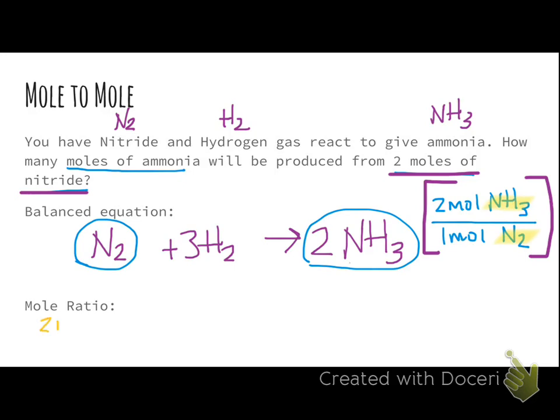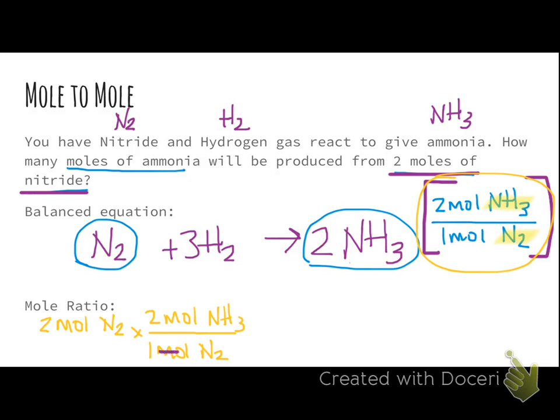So I have 2 moles of N2. Now to get moles of N2 to cancel, I'm going to take this mole ratio right here, and actually the way I set it up is perfect because I'm going to have 1 mole of N2 and 2 moles of NH3.